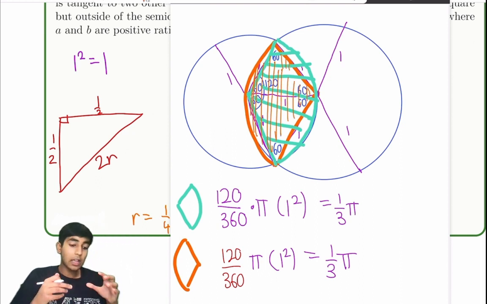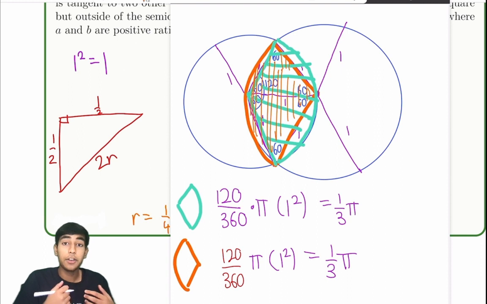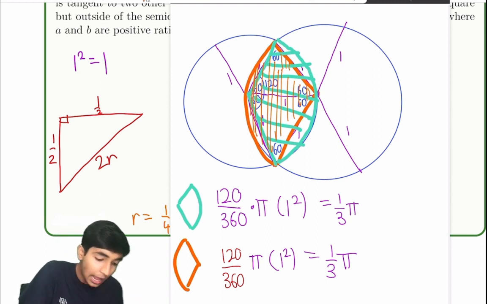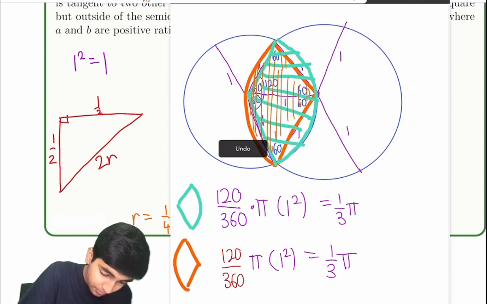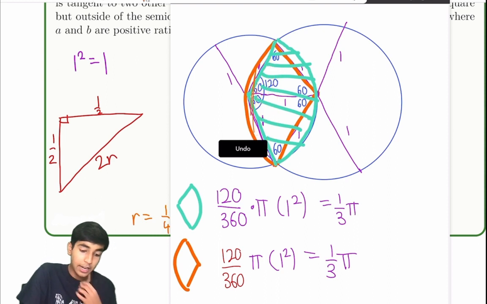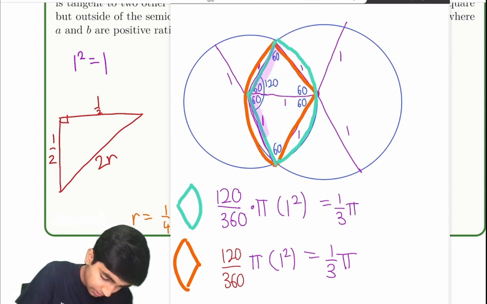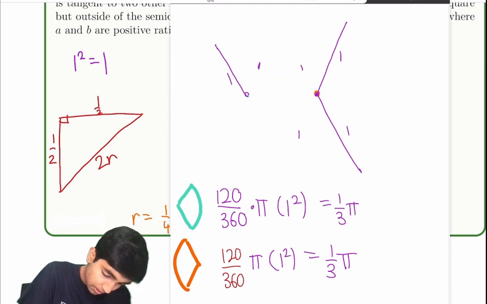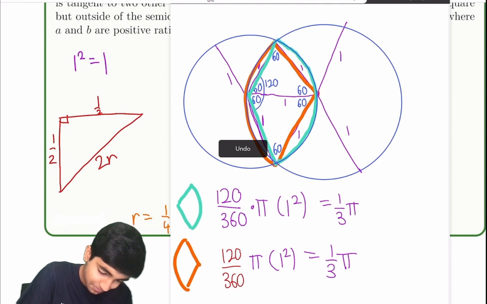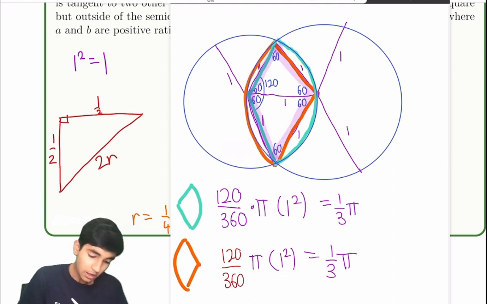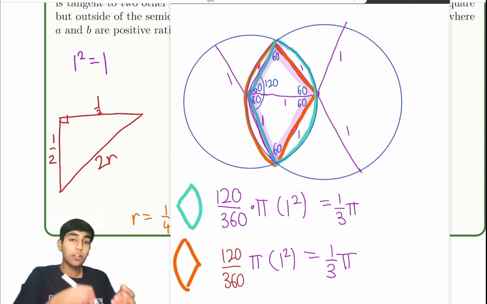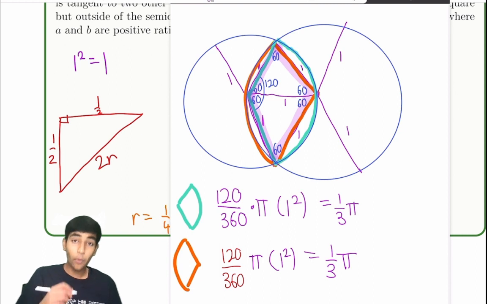So the area we're counting twice is the region inside that rhombus you see there. So what we have to do is subtract the area of this rhombus.